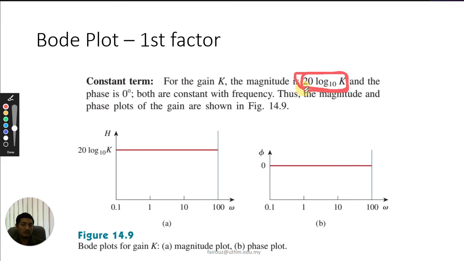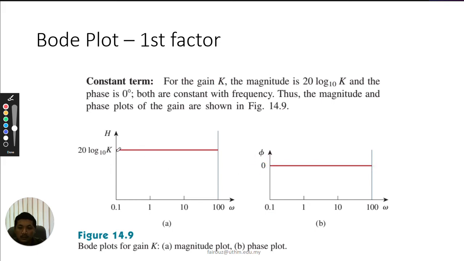You have to remember this, 20 log 10 k. So for the magnitude plot, 20 log 10 k looks like this, a straight line. And the phase plot is also a straight line, but at 0.